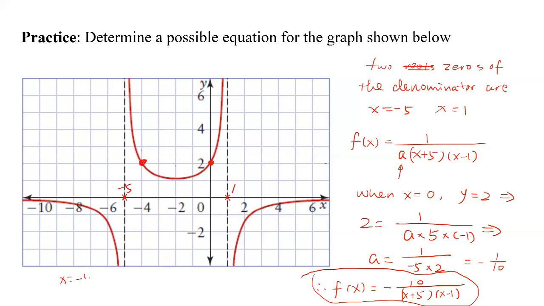When x is -4, y is 2. If we plug this point in, the right hand side is -10 over 1 times -5, which gives us 2, which is exactly the value of y here. That means we probably got the right function.